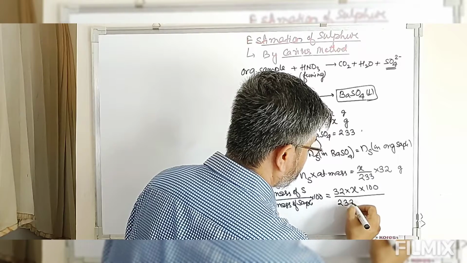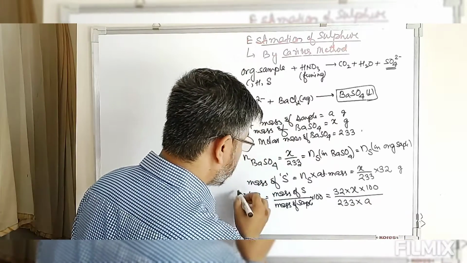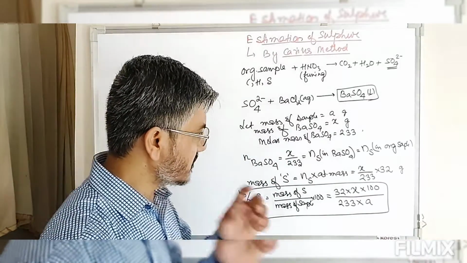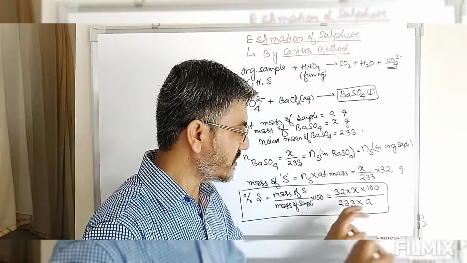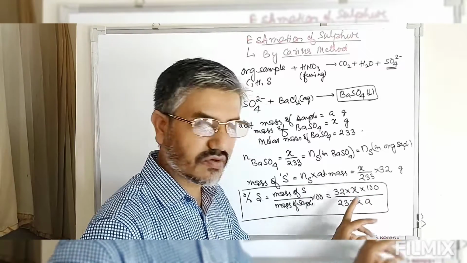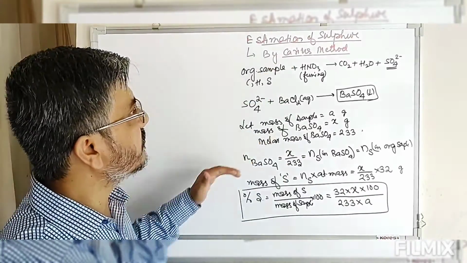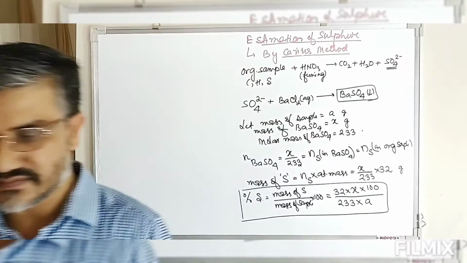We have 233 into a. This is the mass percentage of sulfur. So the percentage of sulfur is 32 into mass of barium sulfate formed into 100 divided by 233 into mass of the sample taken for this analysis. So this is how we define the percent of sulfur, again by Carius method.